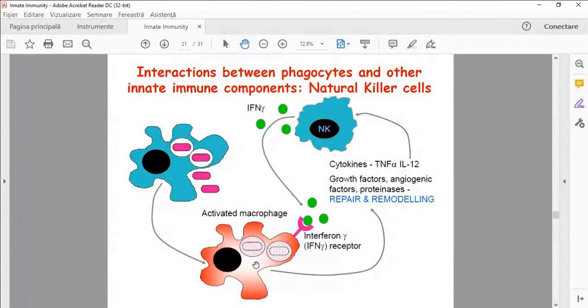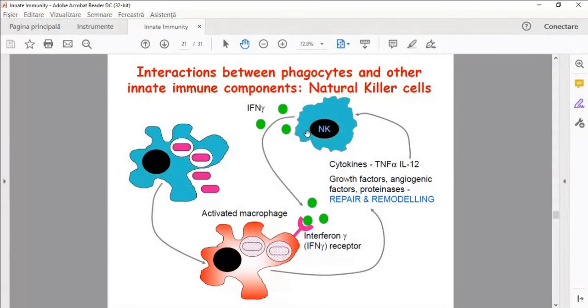Macrophage is able to secrete interferon, for example, but interferon is able to activate, to increase activation of NK cells, which, as you know, are able to recognize an infected tissue cell, and this leads to destruction of infected cells.